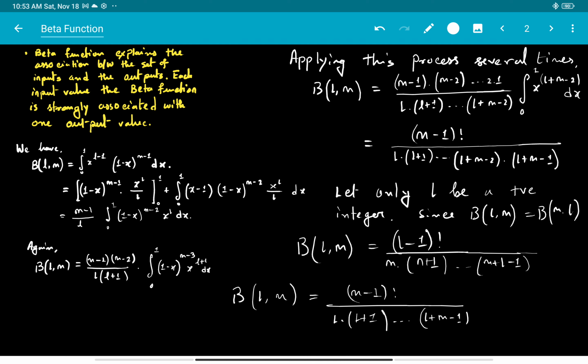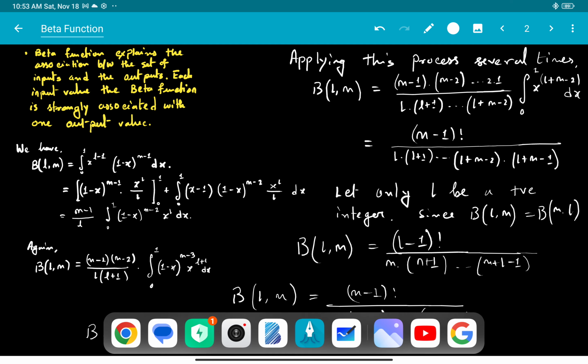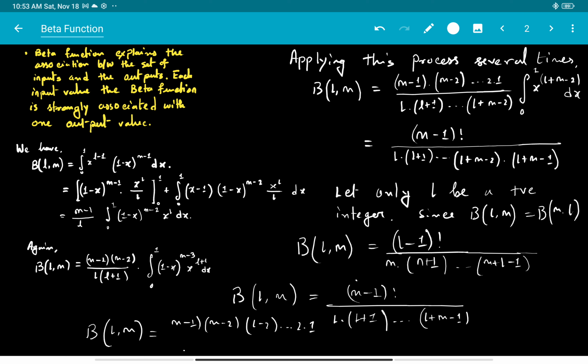So beta L comma m is (m minus 1)(m minus 2) and so on, up to 2 times 1, over 1 times 2 times dot dot dot up to L minus 1, times L times (L plus 1), and if you carry on this, you are left with L plus m minus 1.